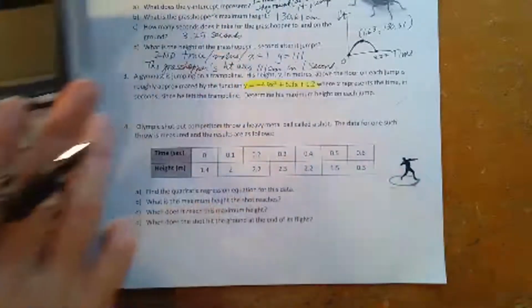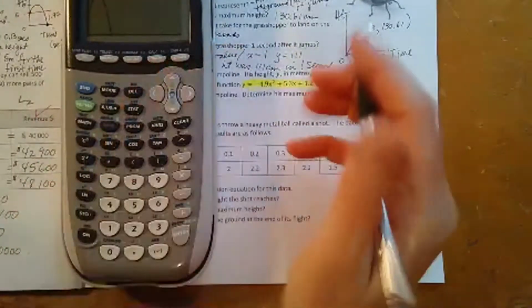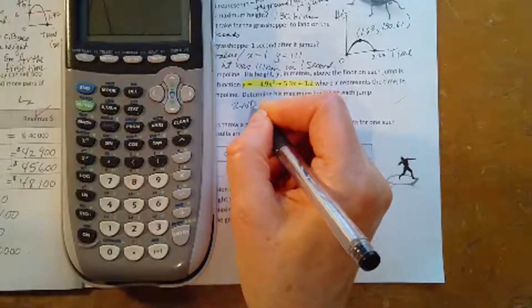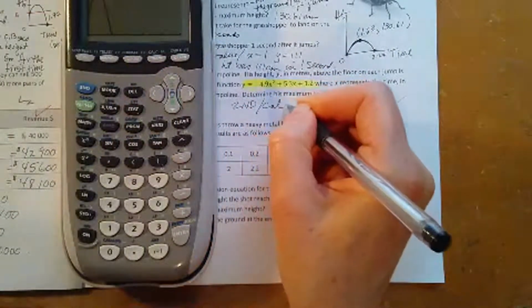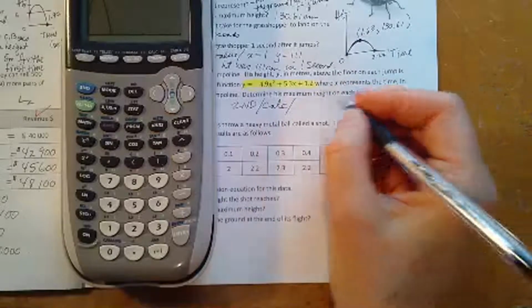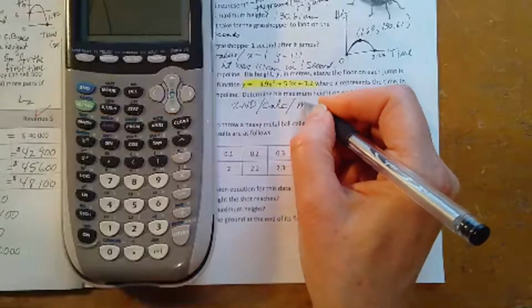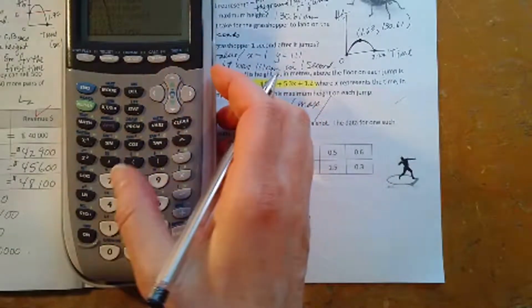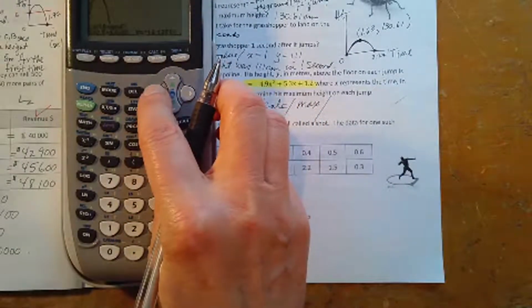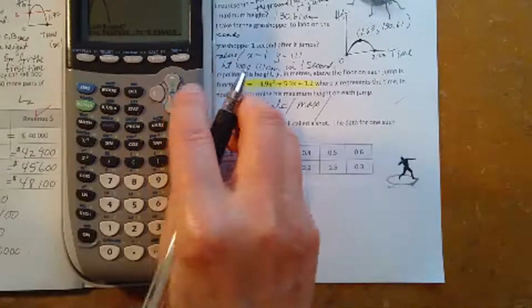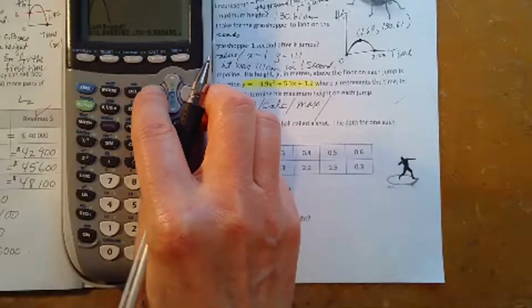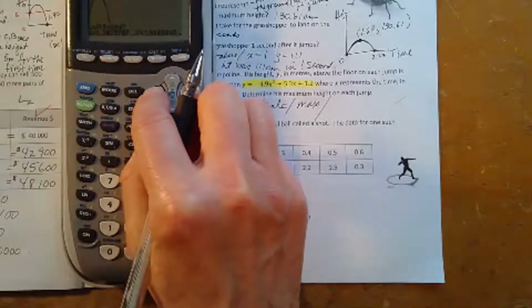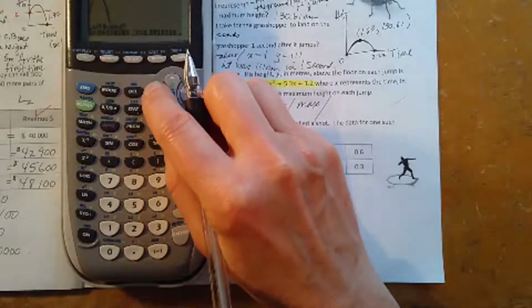Determine the maximum height on each jump. Okay, well, that's pretty easy. That's just second calc, maximum, so second calc number 4. To figure out where, find my cursor first, just using the back and forth arrows. And I'm looking at these bottom numbers to help me figure out where the cursor is.